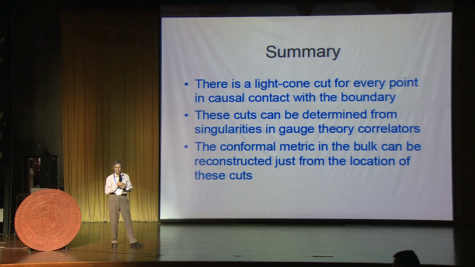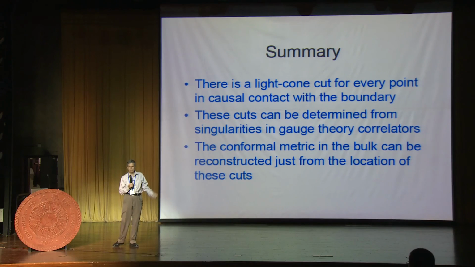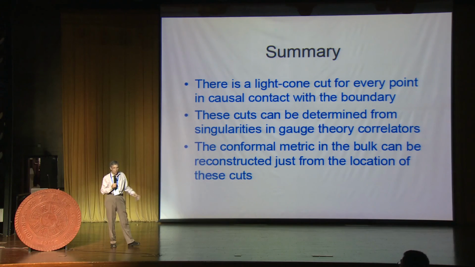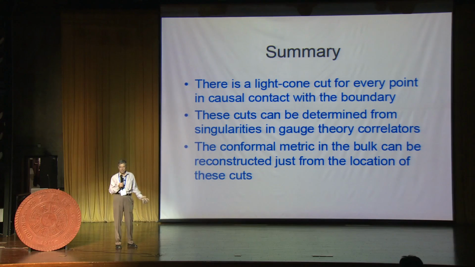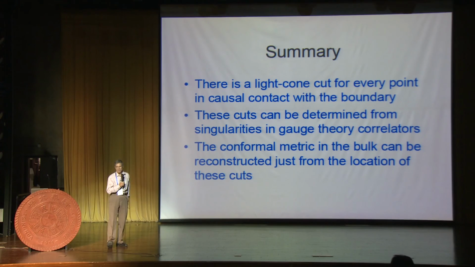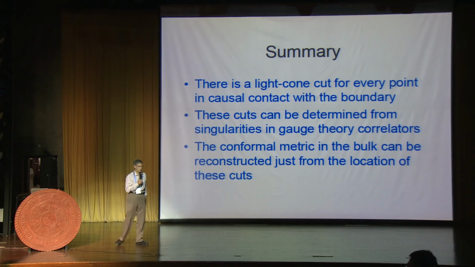So he constructed a space of these special light cone cuts, and we called it heaven, and then there was a connection between heaven and twistor space. So anyway, in that case, there were some nice results on how to describe matter fields in terms of twistor space and stuff. So I'm hoping that some of that technology might come over, but we haven't really gotten very far in that direction.